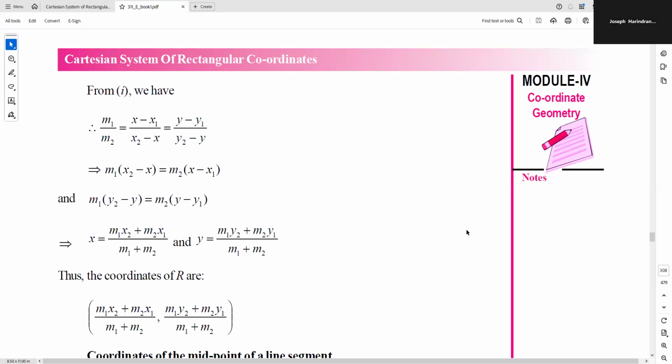It's easy to remember this. It's like cross multiplying, m1 with x2 and m2 with x1, and the whole thing is divided by m1 plus m2. And similarly, the y coordinate, y is equal to (m1 y2 plus m2 y1) whole divided by, again, m1 plus m2. So these are the coordinates of R, the point of division.